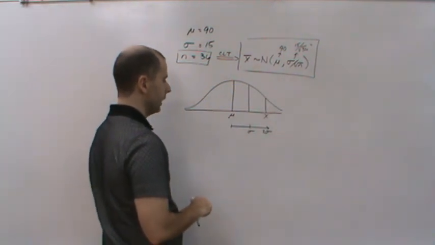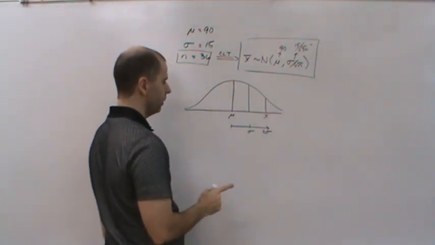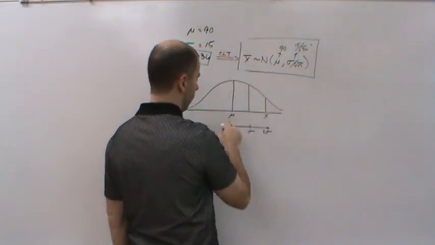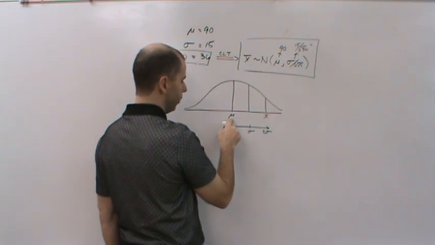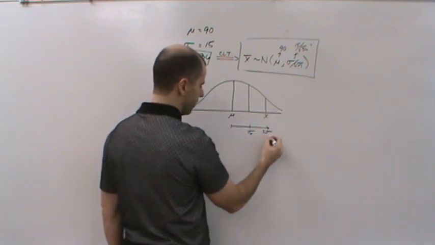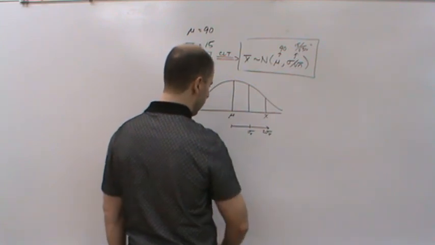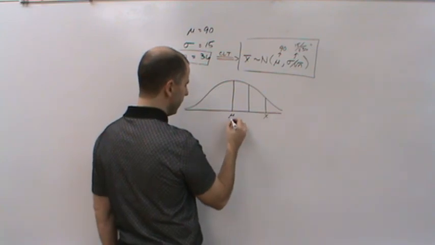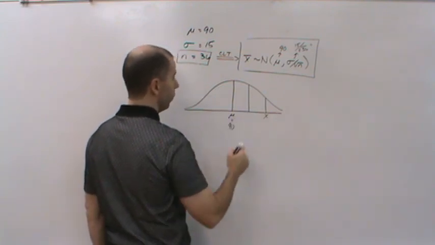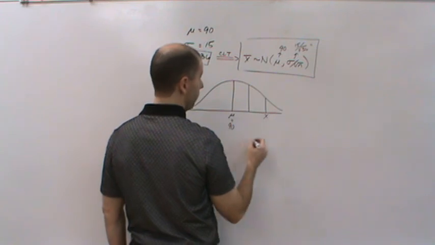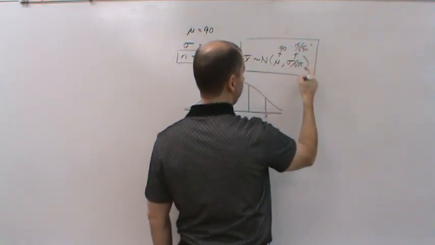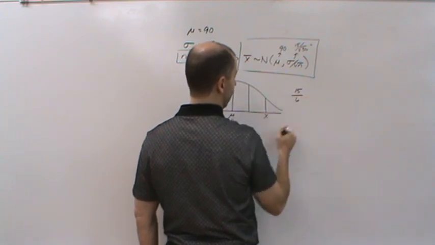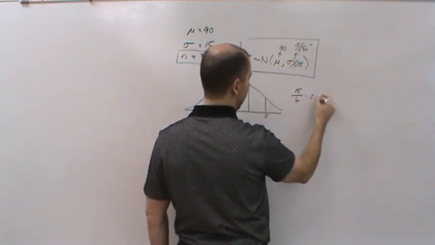Okay. So how can we do this? Well, we can use the standard deviation of x bar. We have the distribution. We know it's centered at mu. Well, what's 2 standard deviations above this? Well, the mean is what? 90. Well, the standard deviation is what? 15 divided by the square root of 36, which is 15 divided by 6. And so that's going to be 2.5, right?